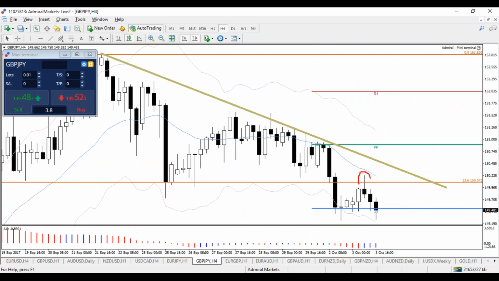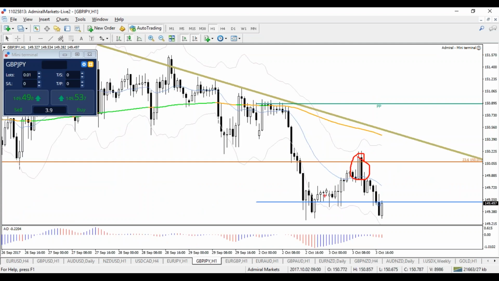Anyone who took this 4-hour candle as a setup is doing well and can move it probably to break even. But that was also not an easy setup there on the 4-hour chart. Here engulfing twins, but yeah, we did have momentum, a slow upside correction, candlestick pattern.